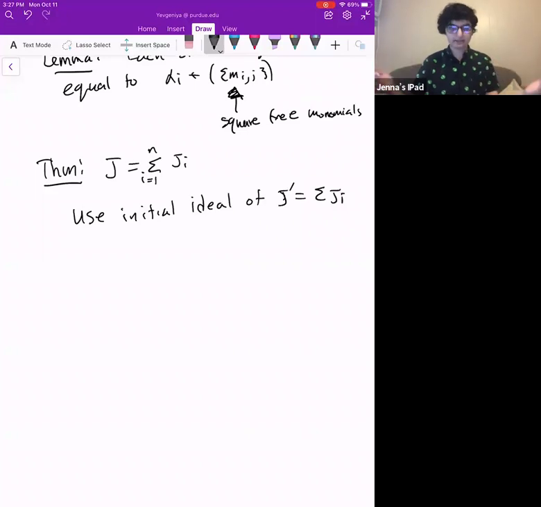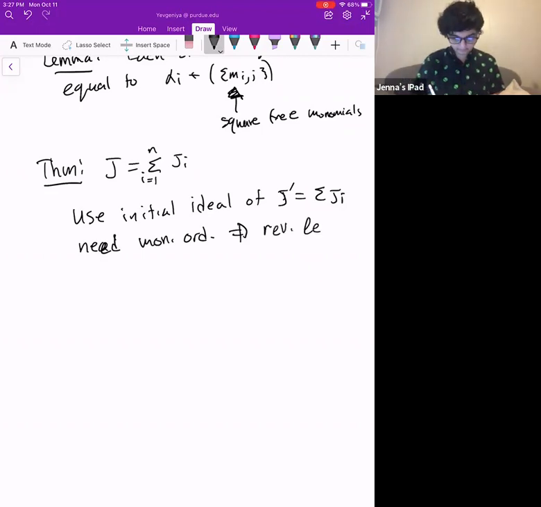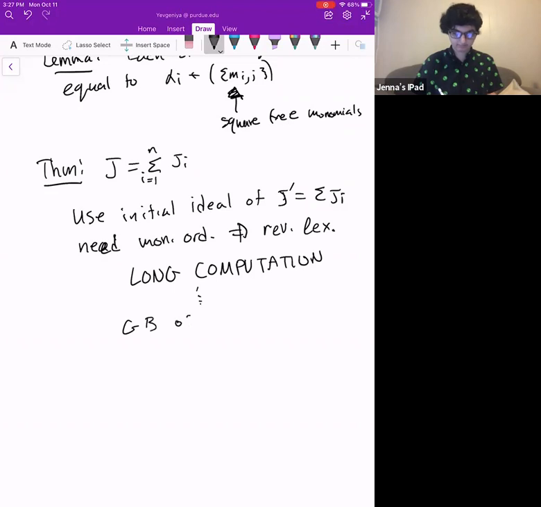And for initial ideals, we're going to need a monomial ordering. And we're going to choose reverse lexicographical ordering. And then we're going to do a very long computation. And then we're going to get a Gröbner basis of J prime.